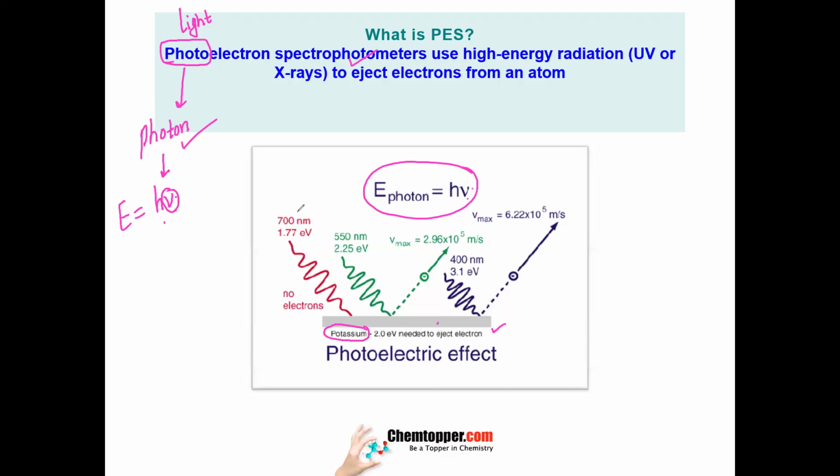If I'm using this much frequency, this much wavelength, this much energy, electrons are not ejected. Electron is not coming out. But if I use this, yes, it's coming out. If I use this, it's coming out.